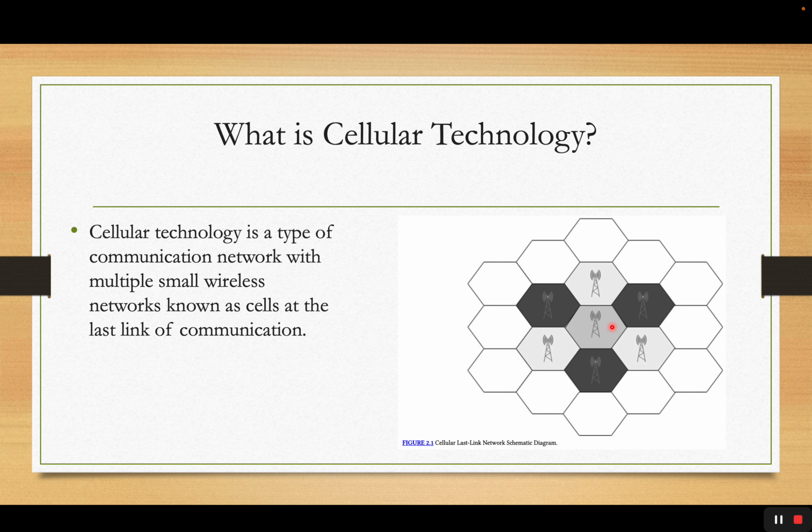Now, as you see in the figure here, the wireless network has multiple cells that fully coordinate with each other and are controlled by other elements, such as the base station controller, BSC, the base transceiver station, BTS, and the mobile switching center, MSC.